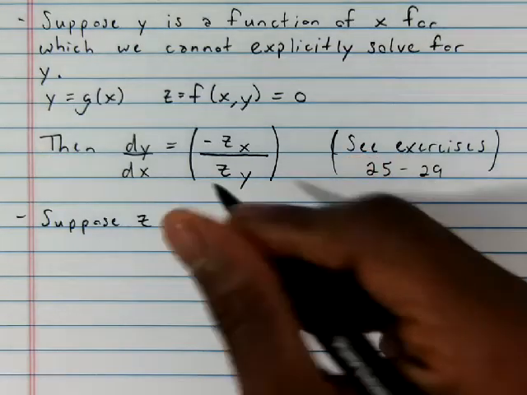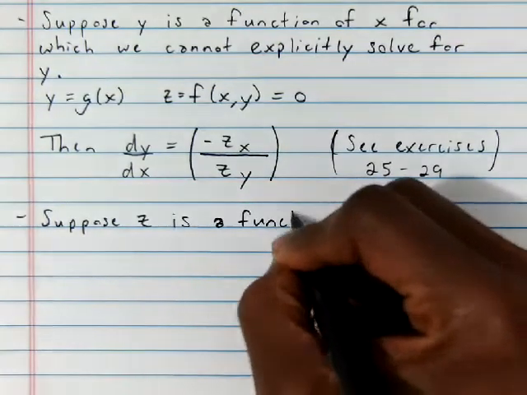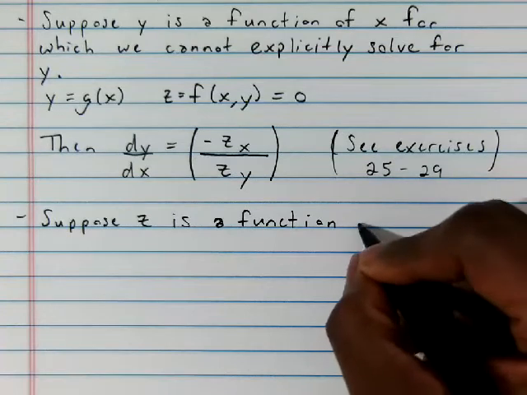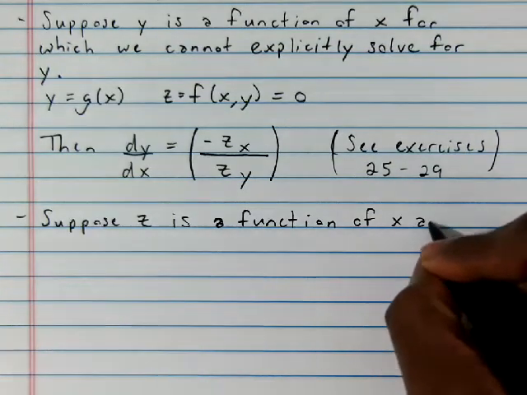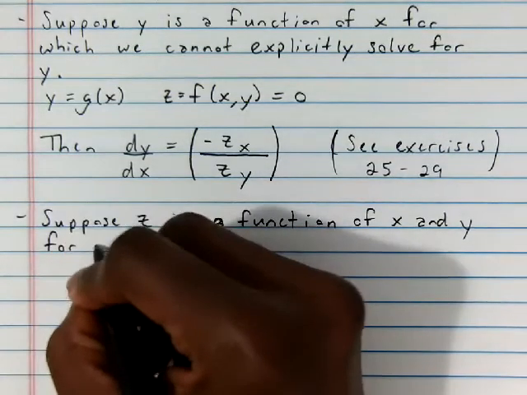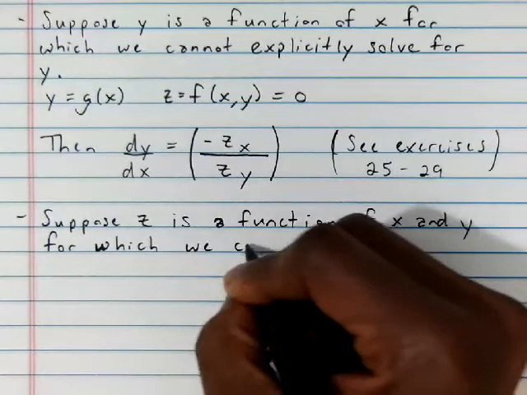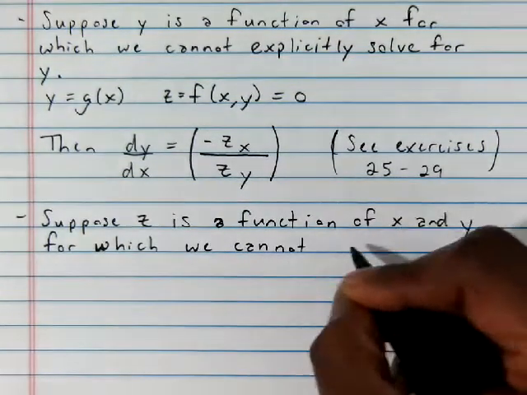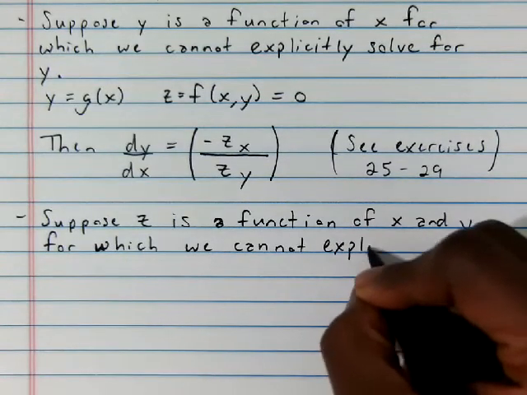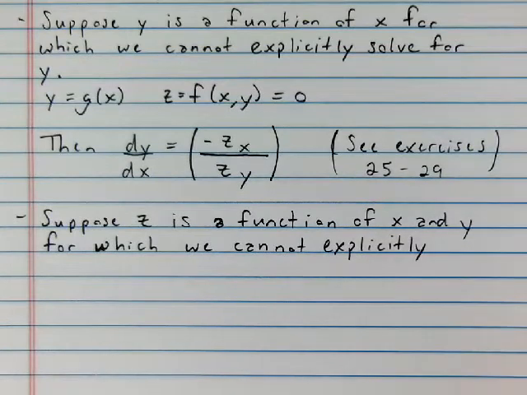So suppose z is a function of x and y for which we cannot explicitly solve for z.